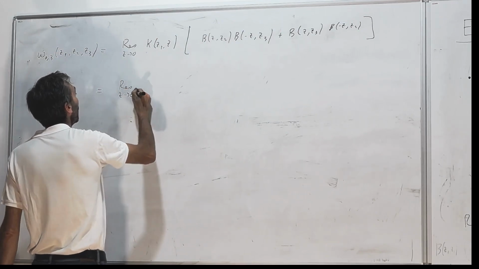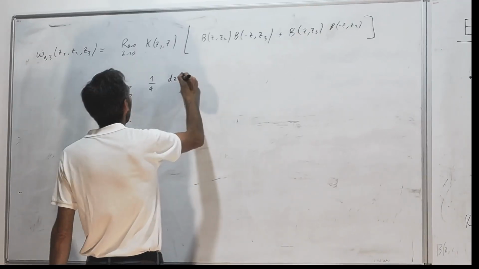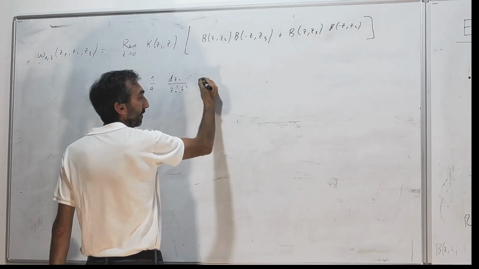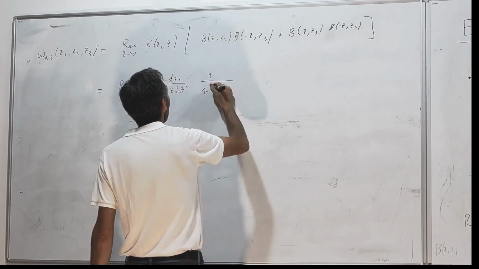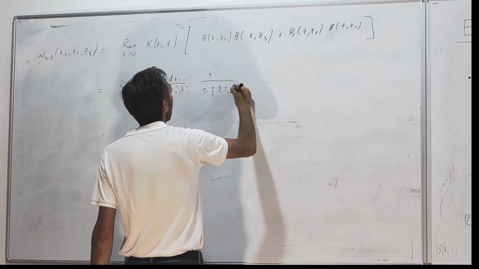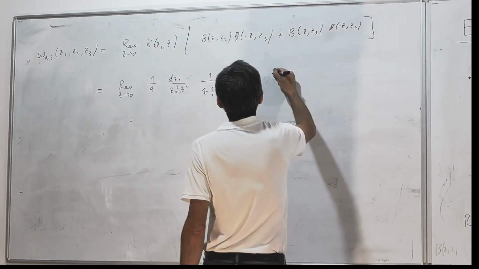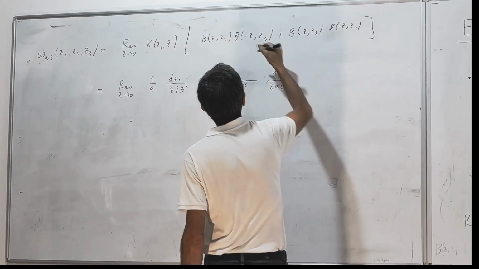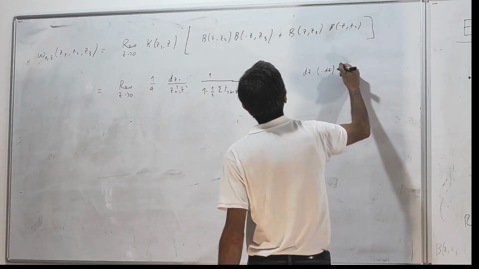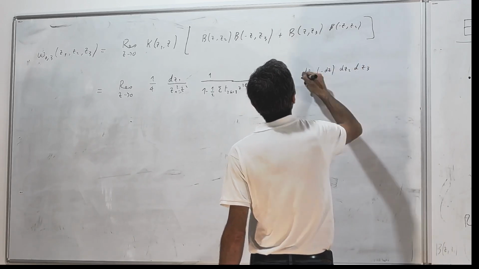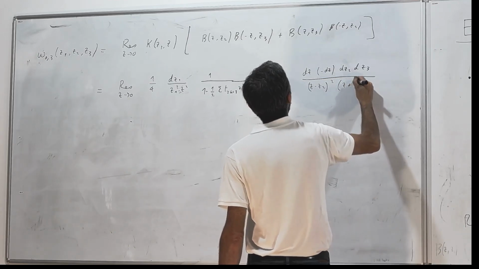Let me write it in more detail. The residue at z goes to 0 of 1 over 4, dz1 over z1 squared minus z squared, over 1 minus 1/2 sum of t_{2k+3} z^{2k}, 1 over z dz, and here we have dz dz2 dz3 over (z minus z2) squared (z plus z3) squared, with a minus sign.